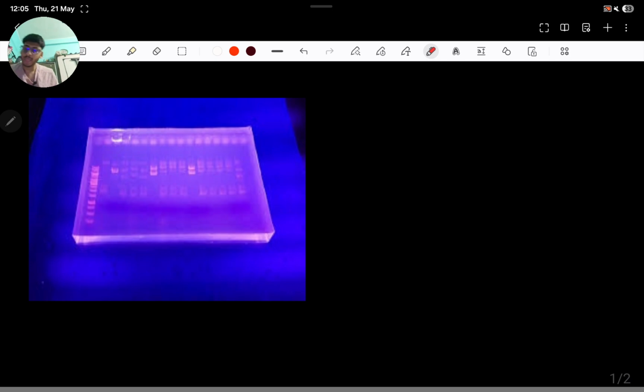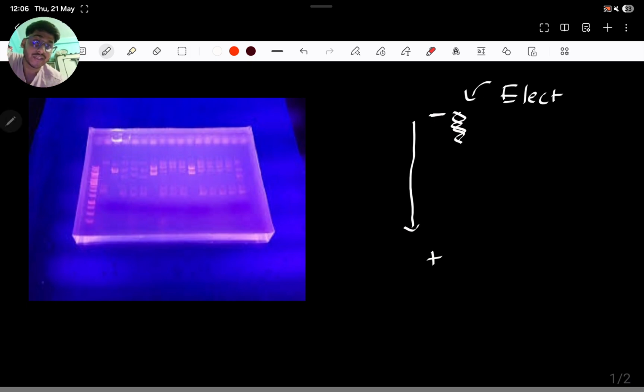Okay, now when electric current is passed through a gel, DNA moves towards the positive electrode, also called the anode. Now what happens? As I mentioned earlier, DNA is negatively charged. Okay, and it is very obvious that the DNA will go from negative to positive charge when you give electricity to it.